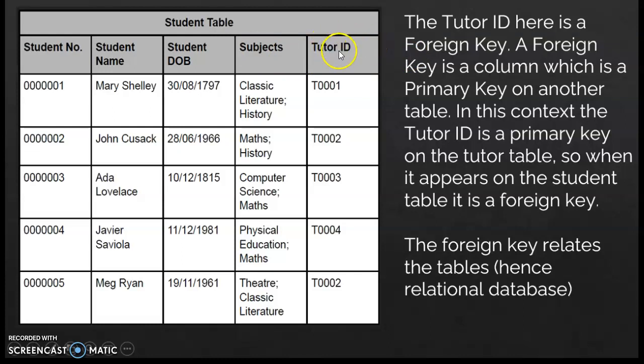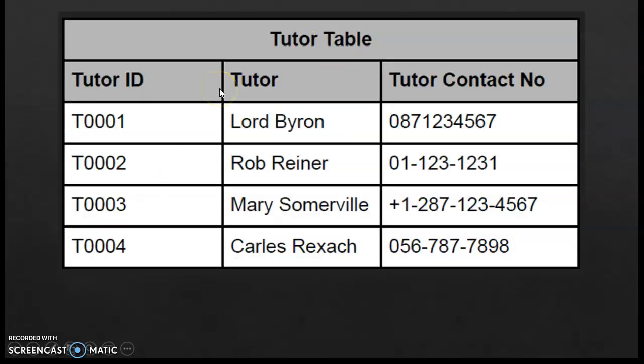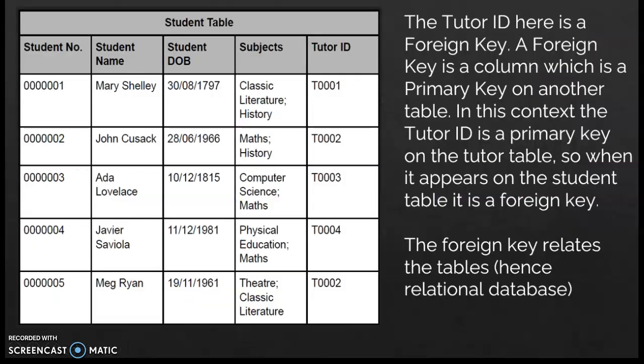Now we just have a tutor ID which links to this table, and the tutor ID then links to the actual tutor name and the tutor contact number. Isn't that right? That's how you do it in databases. You split things up and you relate them together then.